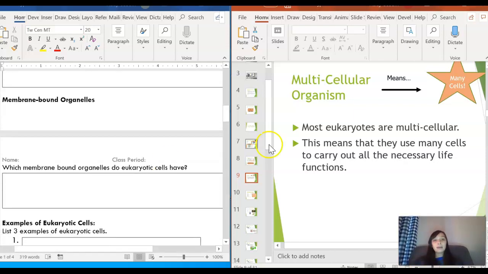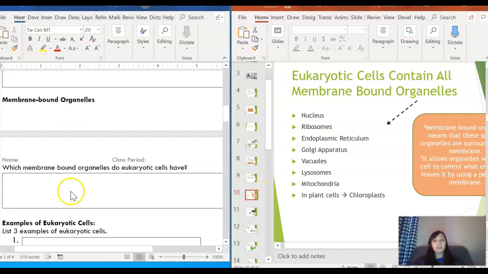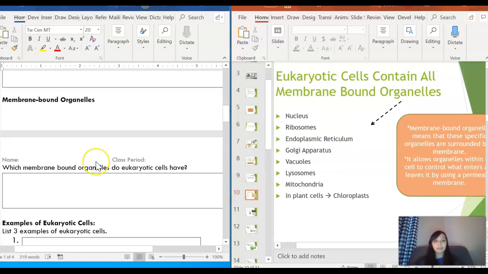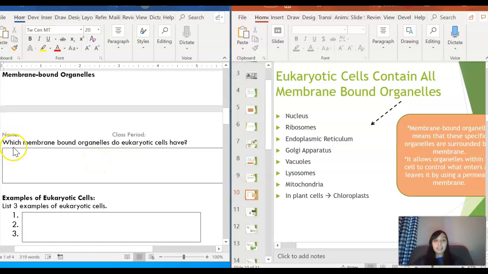So moving on to membrane-bound organelles. It's asking us which membrane-bound organelles eukaryotic cells have. It says right here that they have a nucleus, ribosomes, endoplasmic reticulum, Golgi apparatus, vacuoles, lysosomes, mitochondria, and in plant cells they have chloroplasts.